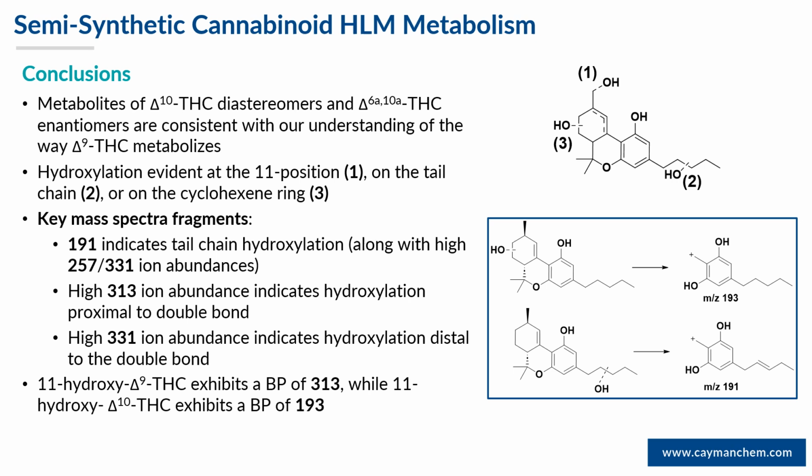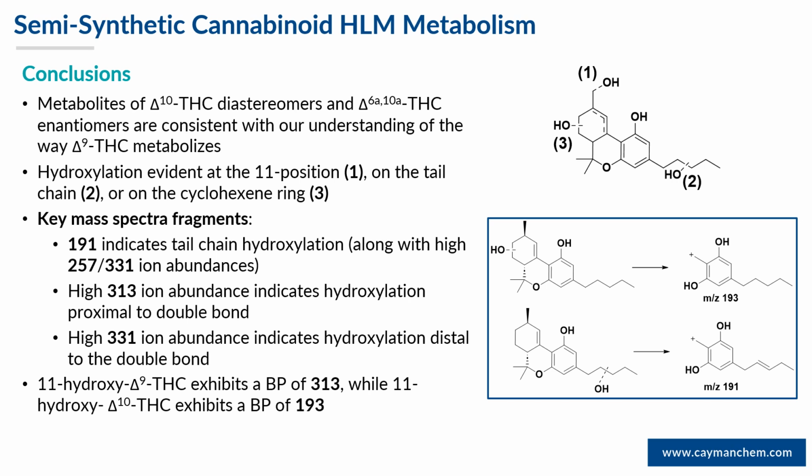Now, if you're looking to identify some of these key metabolites, you would look for, in the cases of tail chain hydroxylation, that key 191 ion as well as the 257 ion. We also noted some of these differences between the elimination mass 313 and the molecular ion 331. So if you have a very high 313 ion abundance, you would expect your hydroxylation to have occurred a little closer to the double bond.